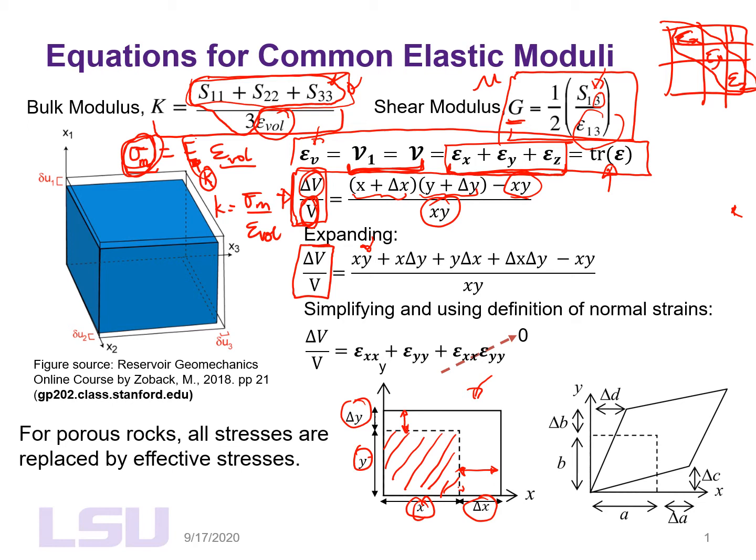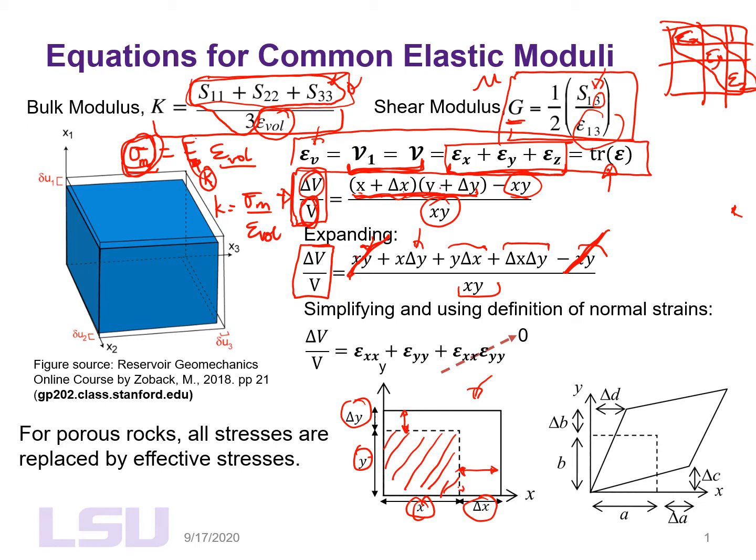We can expand these products right here. X times y plus x times delta y plus y times delta x plus delta x times delta y, and you still subtract the initial volume and divide by the initial volume. And now this term goes away right away, right? They're the same.